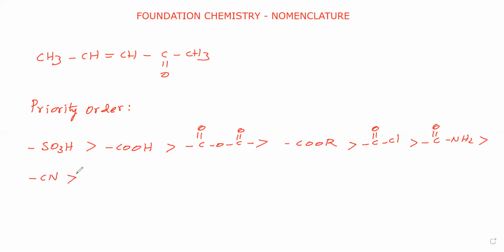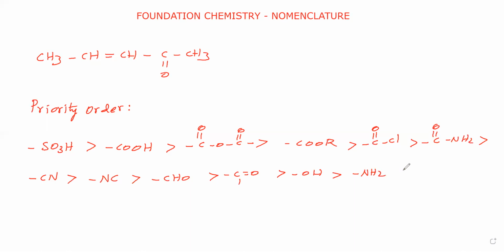Next functional group, isocyanide. Next one, aldehyde. Next one, ketone. Next functional group, alcohol. Next, amine, NH2, amine.